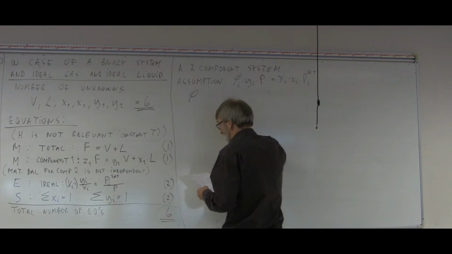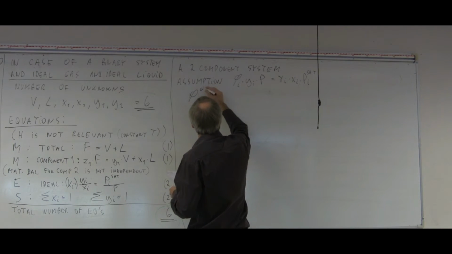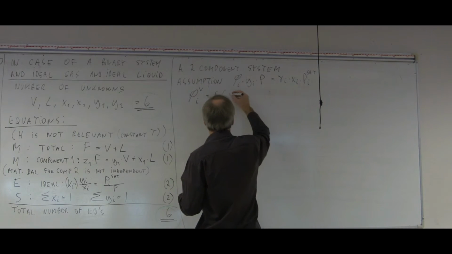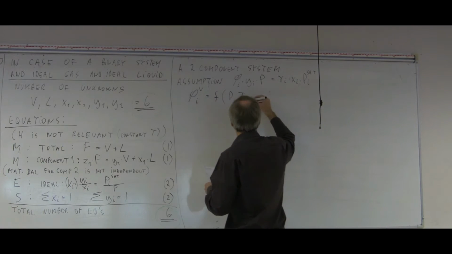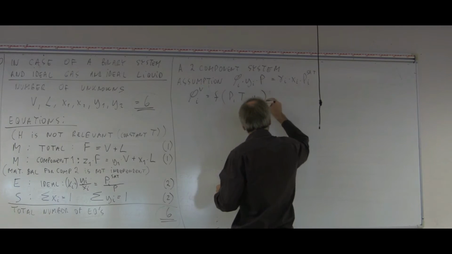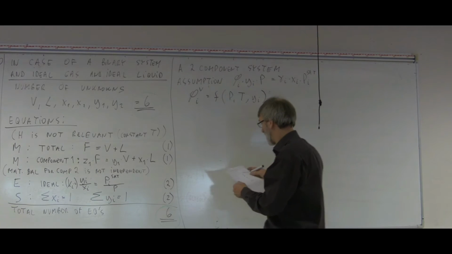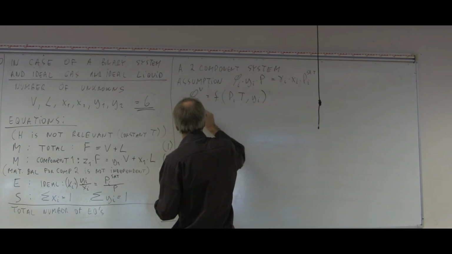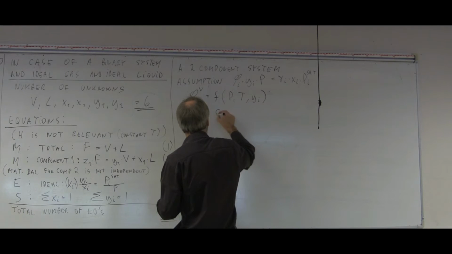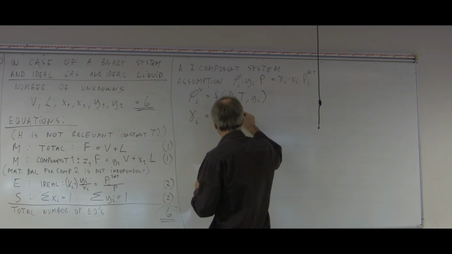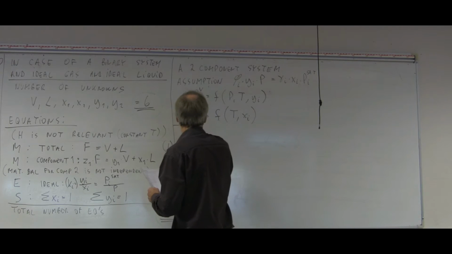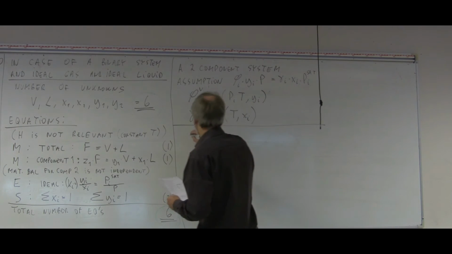The fugacity coefficient can be calculated as a function of pressure, temperature, and the vapor composition. And the activity coefficients can be calculated as a function of temperature and the liquid compositions.